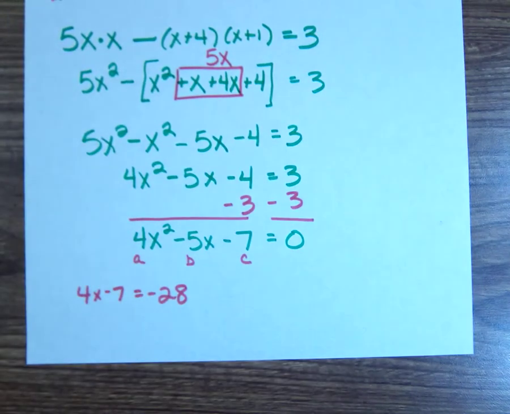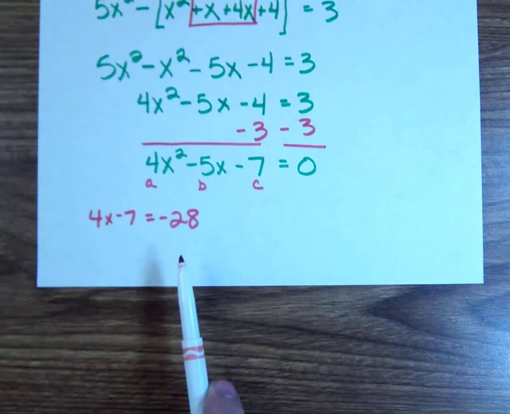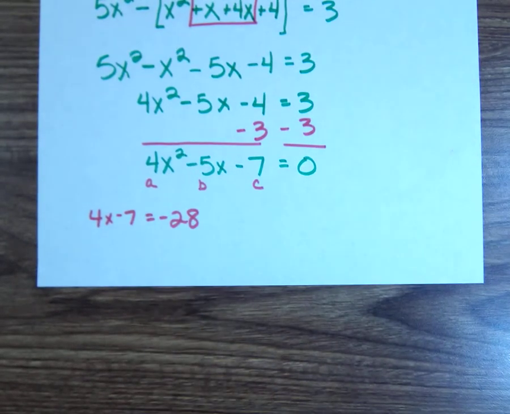What are two numbers that will multiply together to give me negative 28, but when I add them I get negative 5? 7 and 4. 7 and 4 is not going to give me 5.